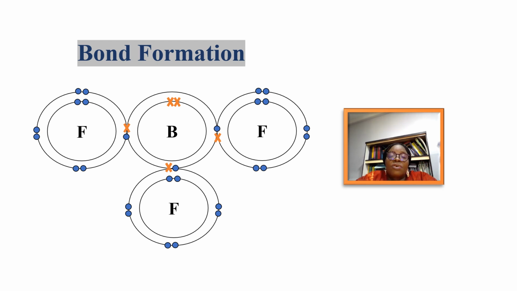Looking at the structure it has formed, boron trifluoride, is the compound it formed by sharing electrons with fluorine. Each fluorine atom starts with 7 valence electrons and uses only one of them to bond with boron, leaving it with 3 lone pairs to complete its octet.